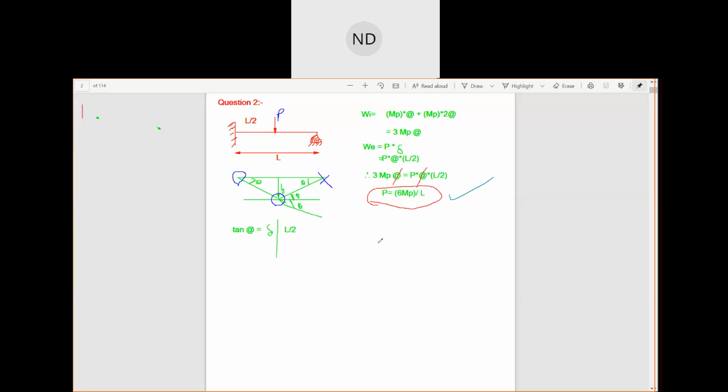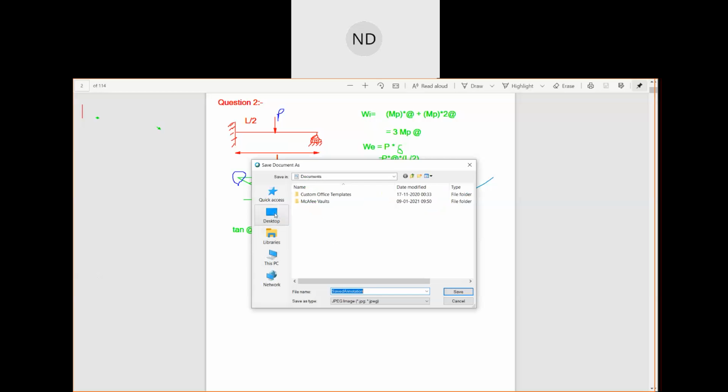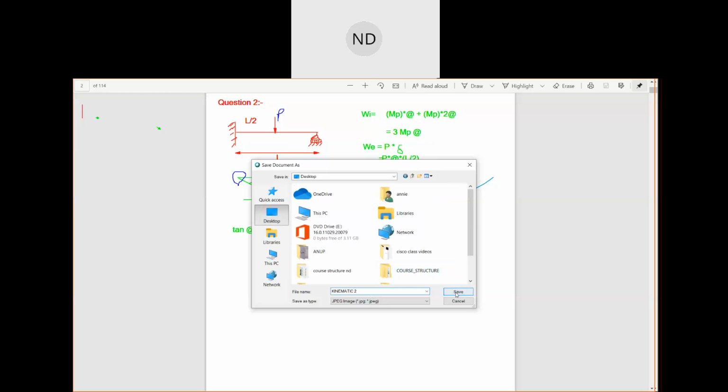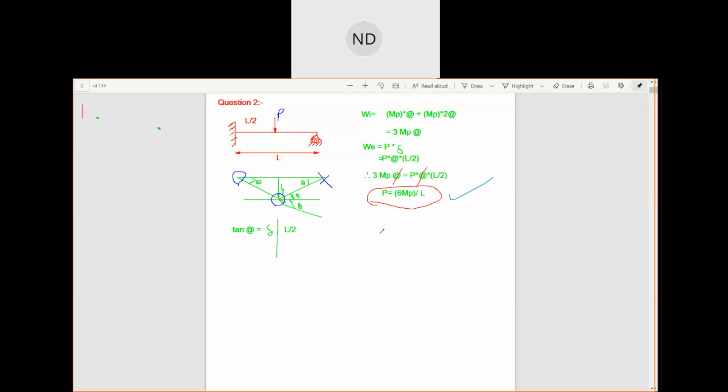Now, okay, I'll do one thing. I'll save this also. This is therefore our collapse load. Okay, I have saved this annotation.